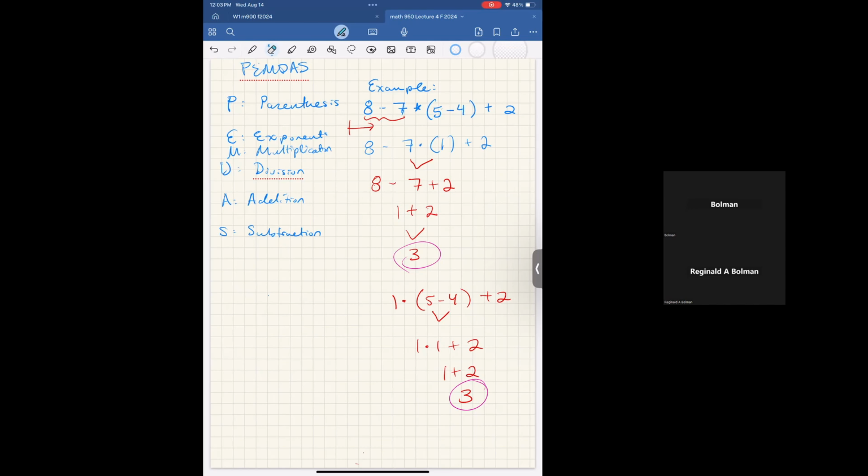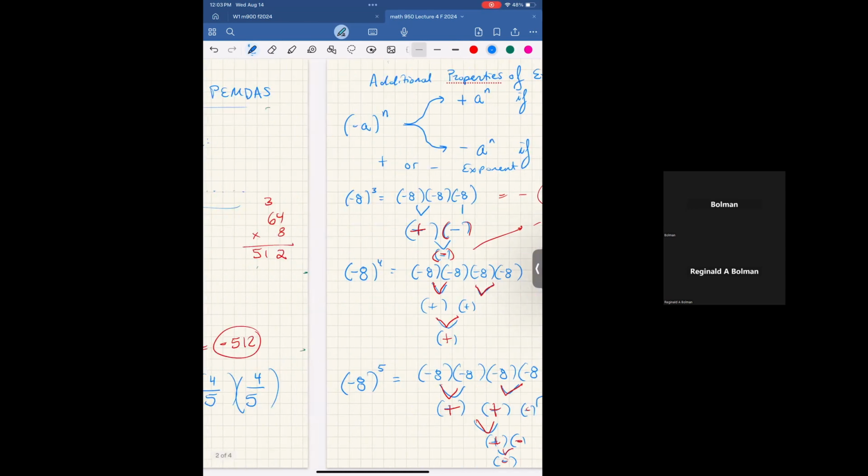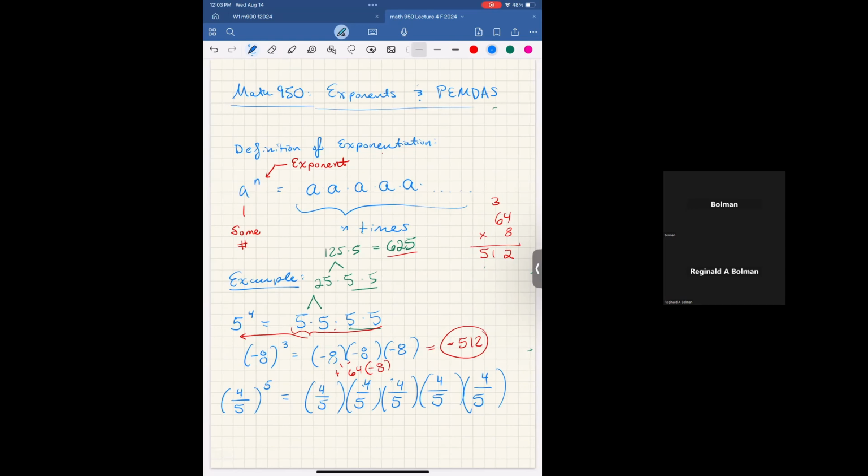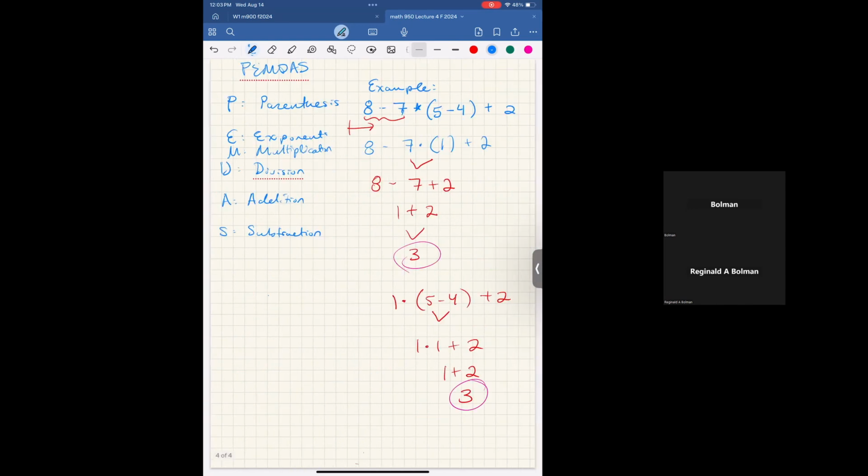All right, so exponents come below parentheses because the parentheses is going to tell everybody what we need to start with. But then after exponents, you've got multiplication and division. So what's going on here? Well, a multiplication operation, as it turns out, is going to introduce a lot more error than just simple addition.